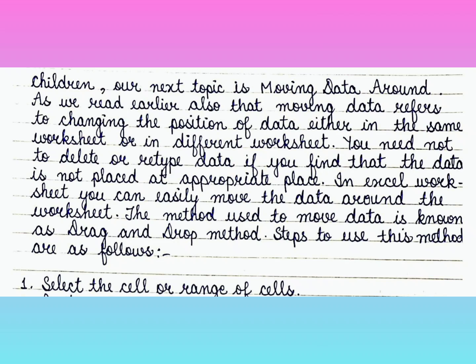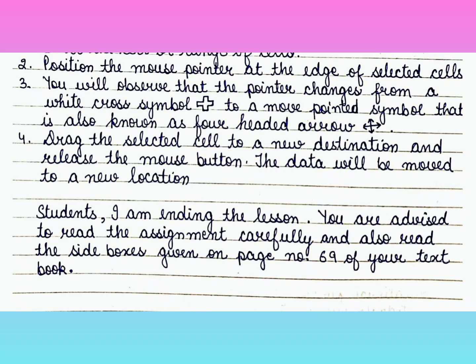Steps to use this method are as follows. Number 1. Select the cell or range of cells. Number 2. Position the mouse pointer at the edge of selected cells. Number 3.